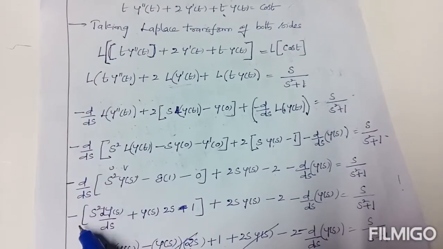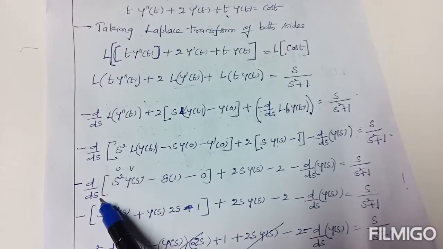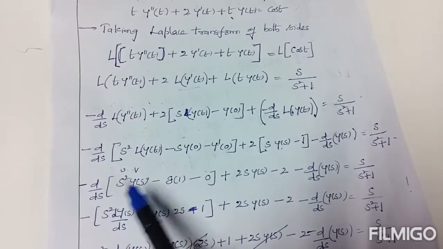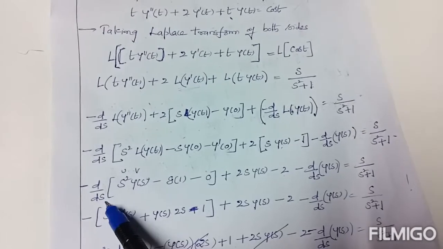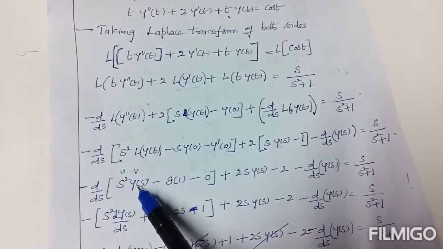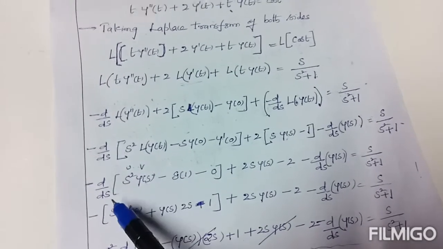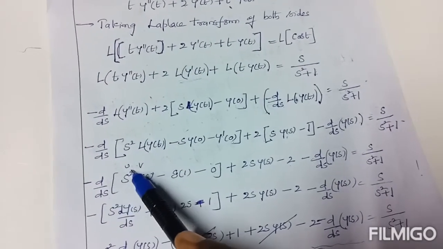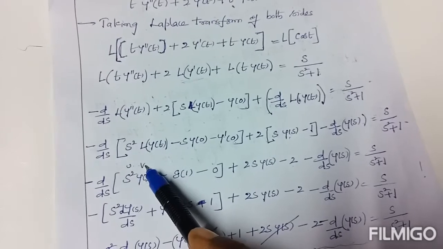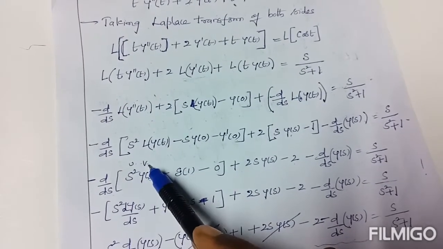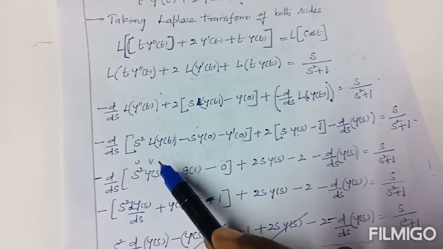Next, minus outside as it is, enter d by ds. D by ds of the first term, we differentiate with respect to s, both functions defined in terms of s, so we have to differentiate both functions with respect to s. So we apply the u into v formula, which is u v dash plus v u dash.